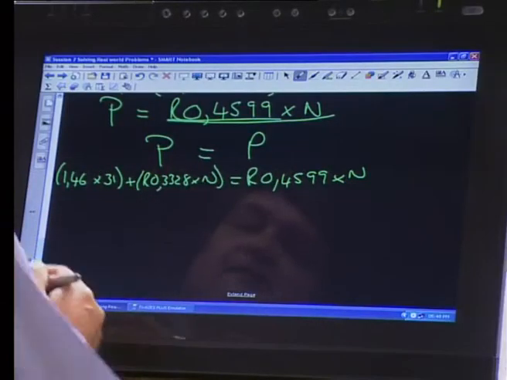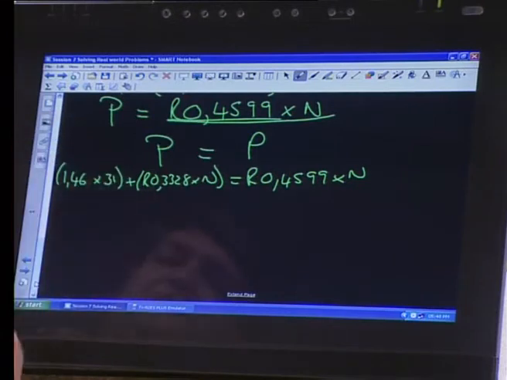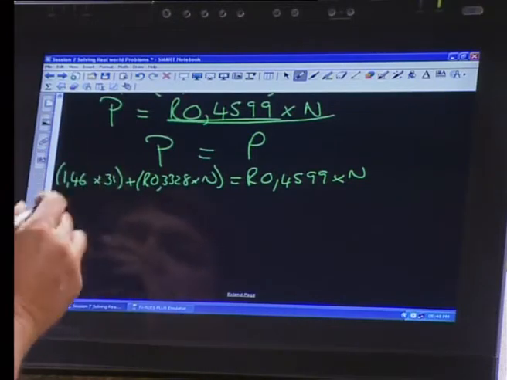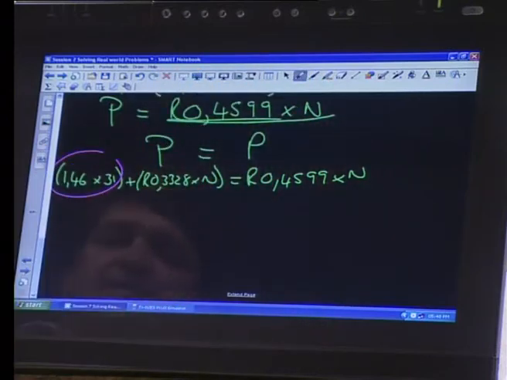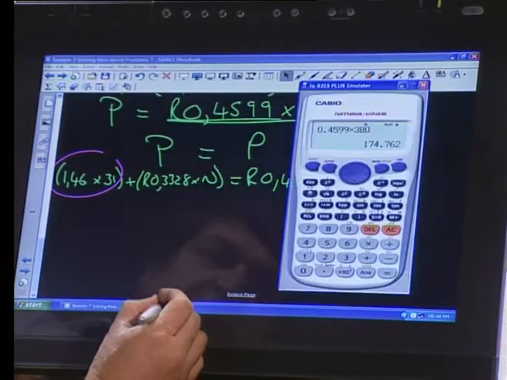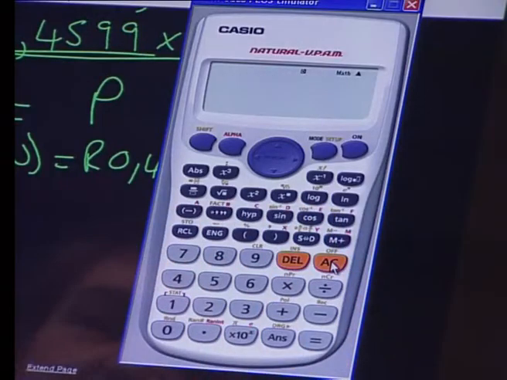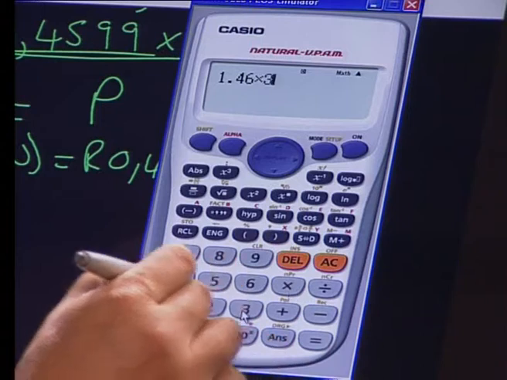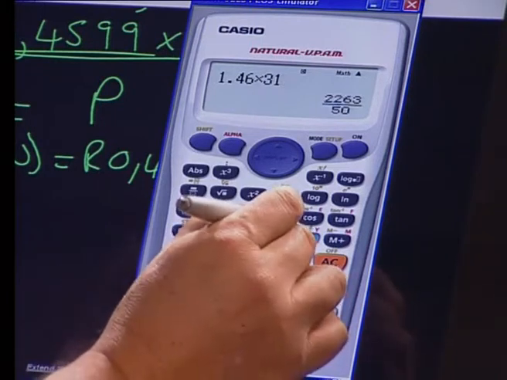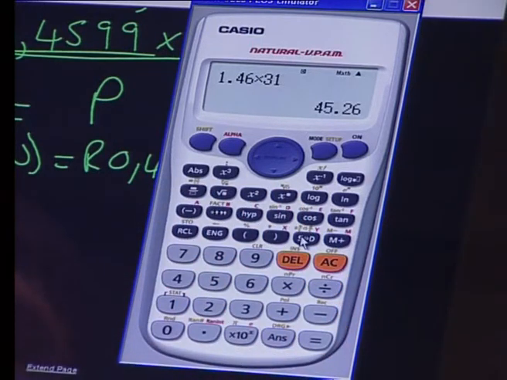Here we have our equation. I'm going to make this very, very simple. First thing I'm going to do is change this whole mess here and make it one number. So we are going to take out our calculator again and we're going to say, right, 1.46, multiply that by 31, and I'm going to get an answer there of 45.26.